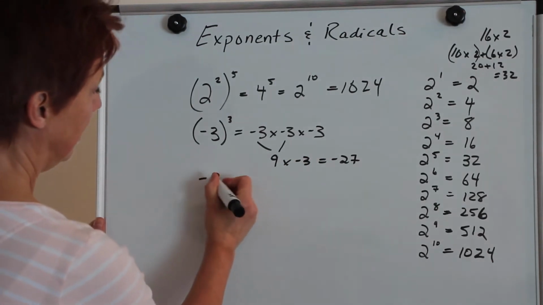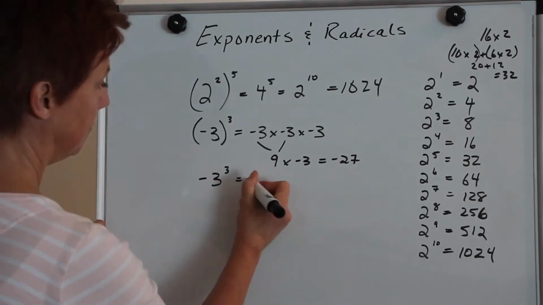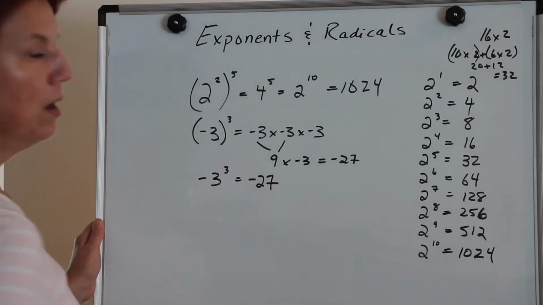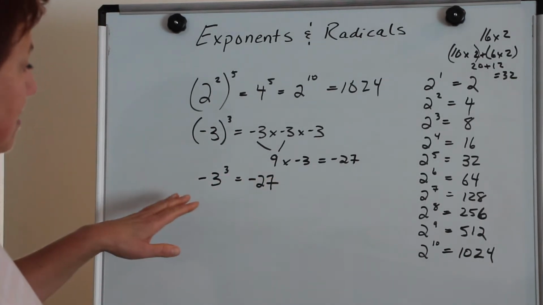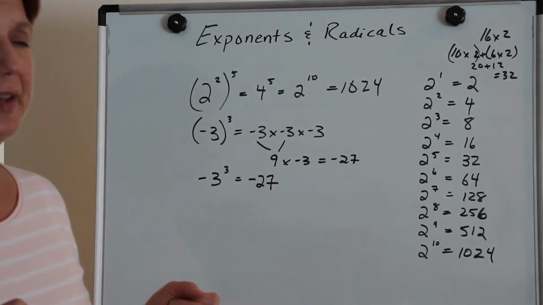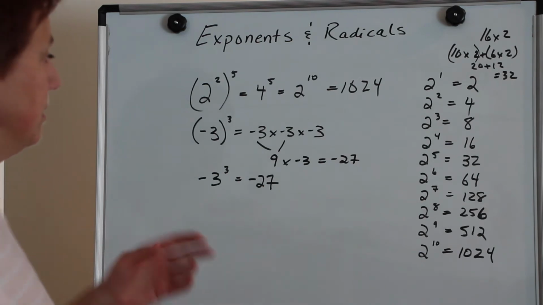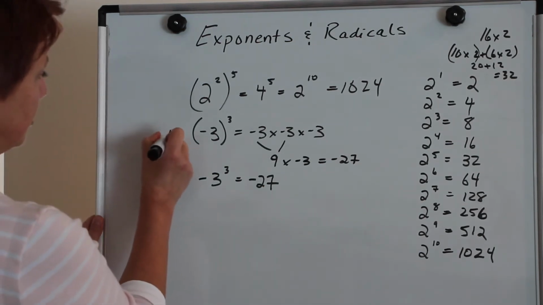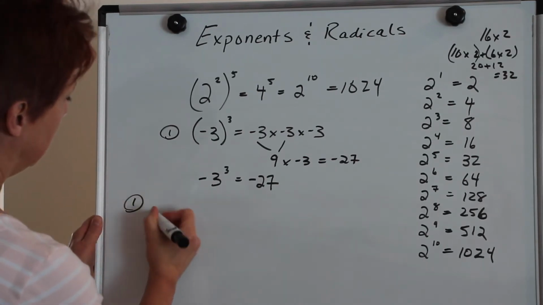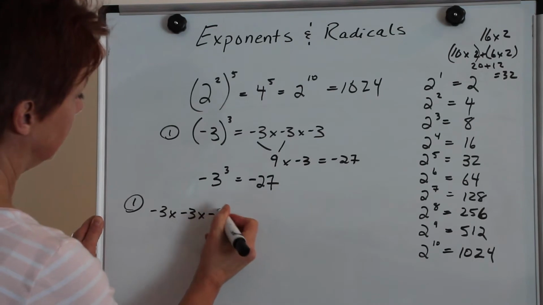Now that answer that we just got up here will be the same for this one. When the exponent is odd, it doesn't matter whether that negative is inside the brackets or not, you're going to get the same answer. It doesn't mean quite the same thing, but the result is the same. So this one, let's just put a 1 beside that. This one says negative 3 times negative 3 times negative 3.